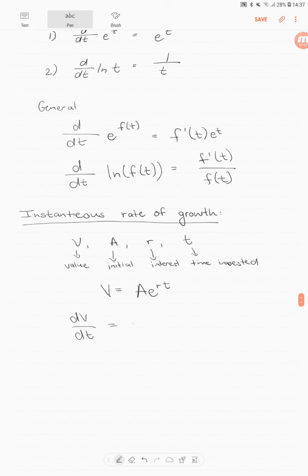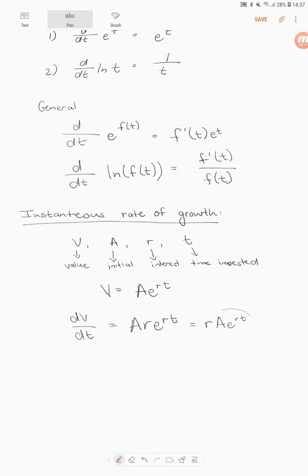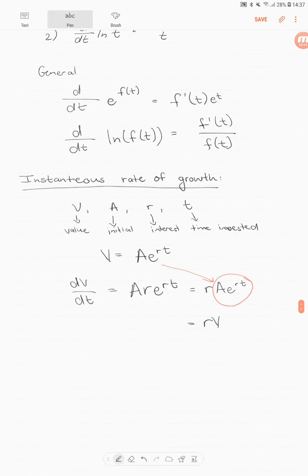We know this is A r e to the rt, or equal to r times A e to the rt. A e to the power rt is V. So we have the derivative is equal to rV.